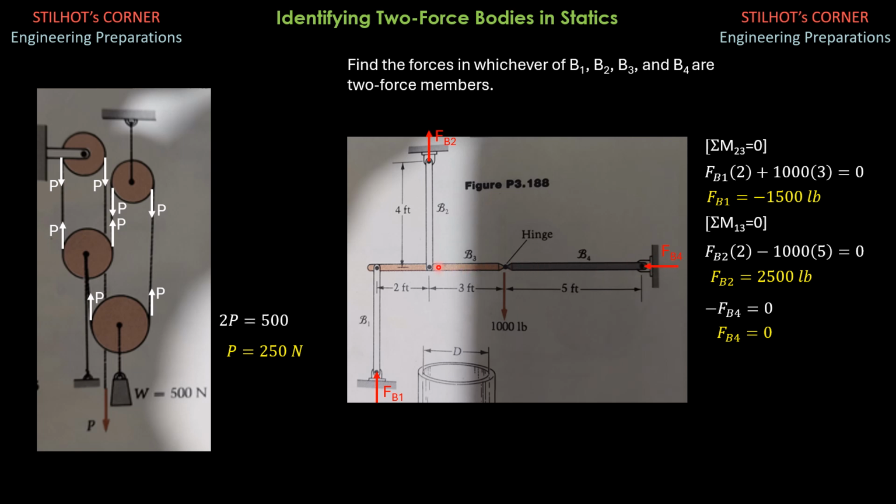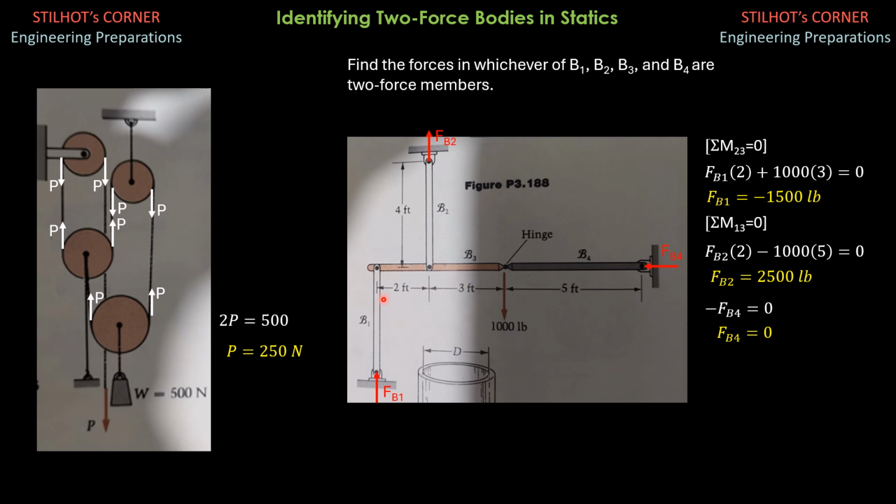So this is the free body diagram. If you sum up moments about this point, I'll call this 1, 3, and the intersection of B2 and B3 I'll call 2, 3.